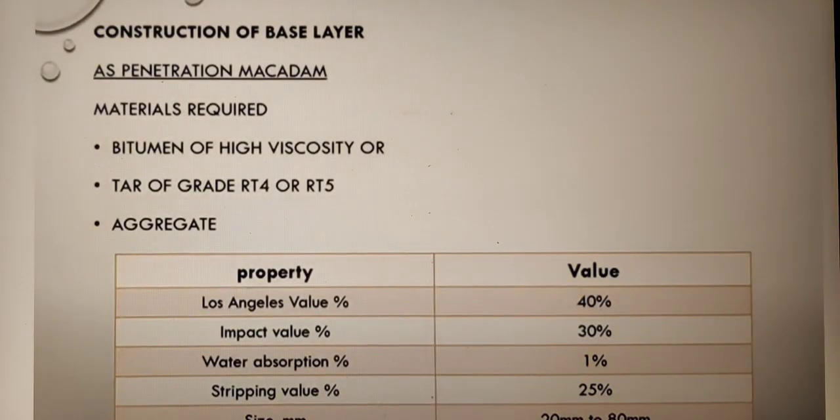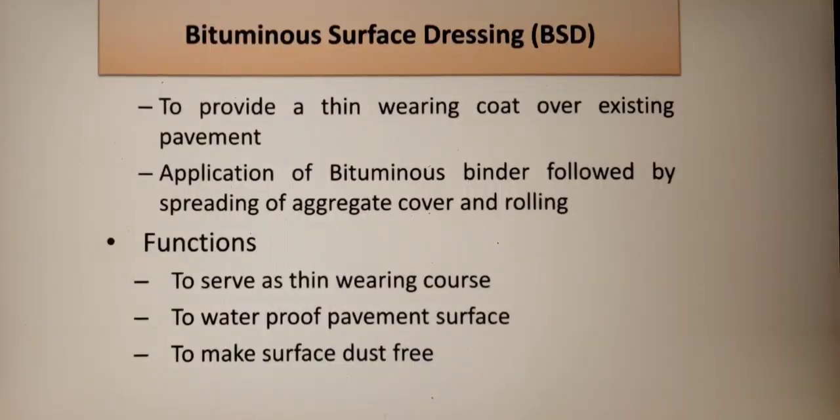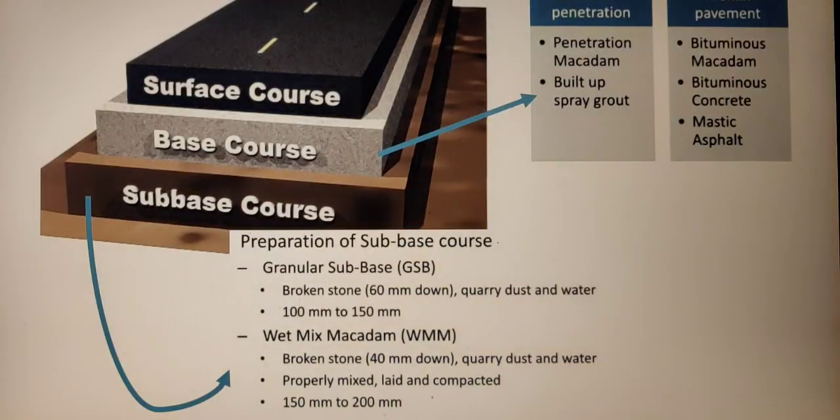So now we will see the construction of the base layers. We have already discussed that the base layer is constructed using these two methods, that is the grouted or penetration method, which includes penetration macadam, built up spray grout, and this is a very important topic.